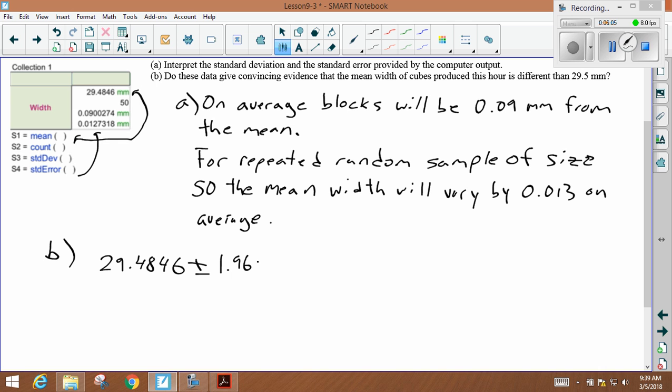And when we multiply that times our standard error, 0.013, all right, so we can create a confidence interval by making a quick calculation.